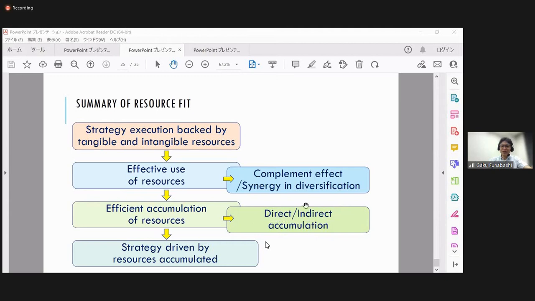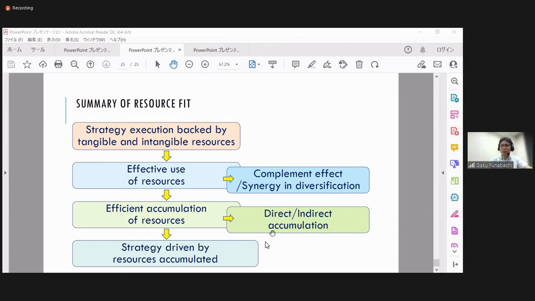And there are direct and indirect accumulation. Direct accumulation is just investing the money and getting the resources. That is the case of the tangible resources. For intangible assets, mainly they can be accumulated indirectly.